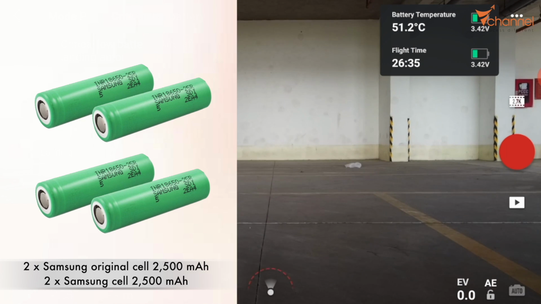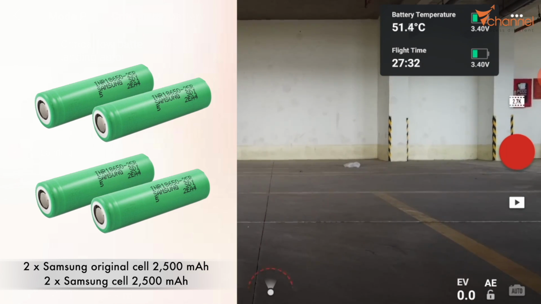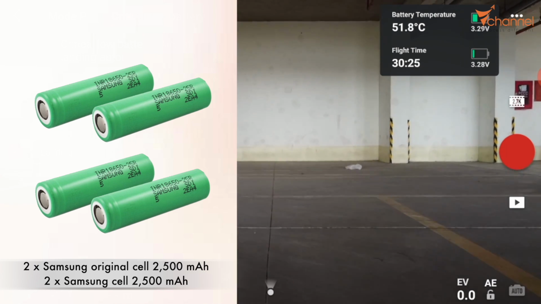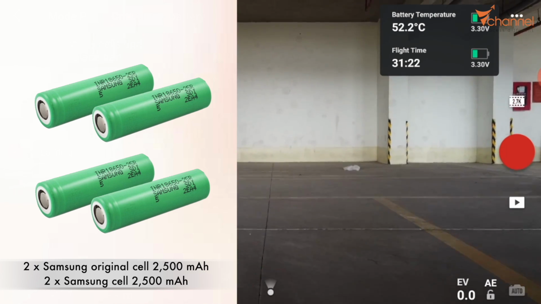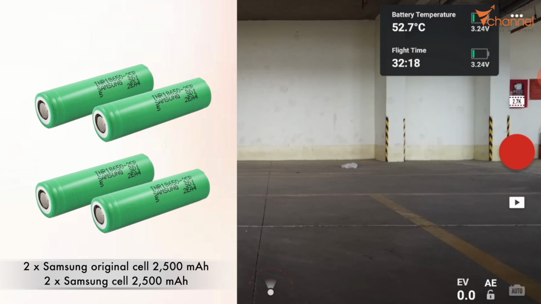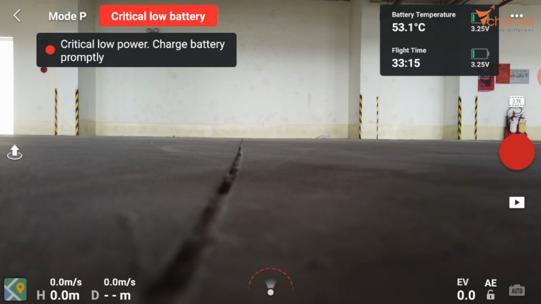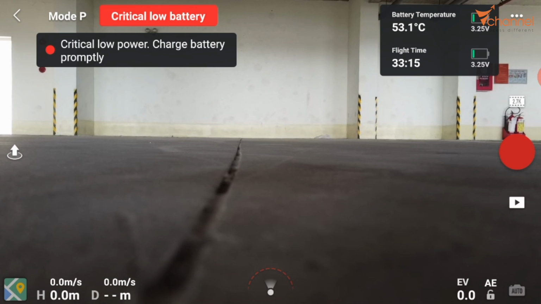26, 27 minutes, so we will have a longer flight time than the original one. However, how good is it? 30 minutes, we have 3.3 volt remaining. And 33 minutes, and the remaining voltage is 3.25 volt. Because of safety, the drone force-lands at about 3.2 volt, not 3 volt.